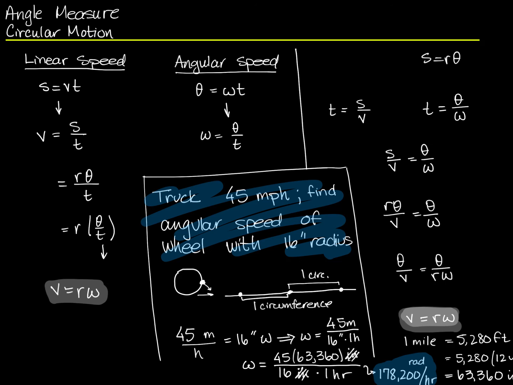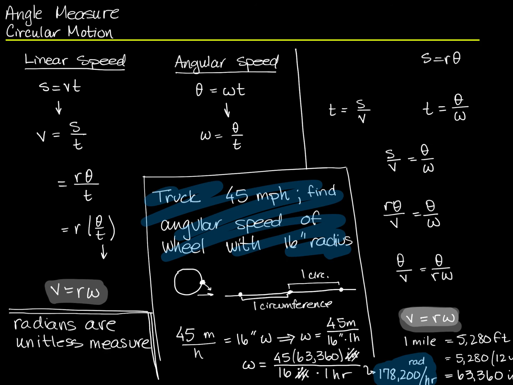Now, one last thing I'd like to talk about in this video. It's kind of related and kind of not. It's related to everything that we do in trigonometry. Radians are what we call unitless measure. What I mean is that, for example, down here at the end of this problem, when I got rid of my inches and was just left with some number of something per hour, that something was radians.